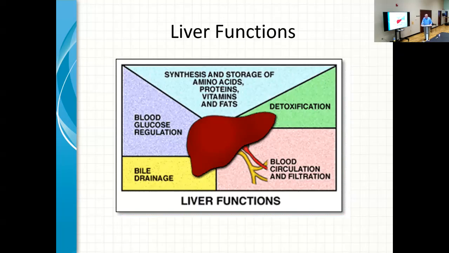It deals with 3 blood-related functions. You see blood glucose regulation over on the left, and on the right, bottom right, it deals with blood circulation and filtration. It detoxifies the body, but it also helps synthesize and store amino acids and proteins and vitamins.